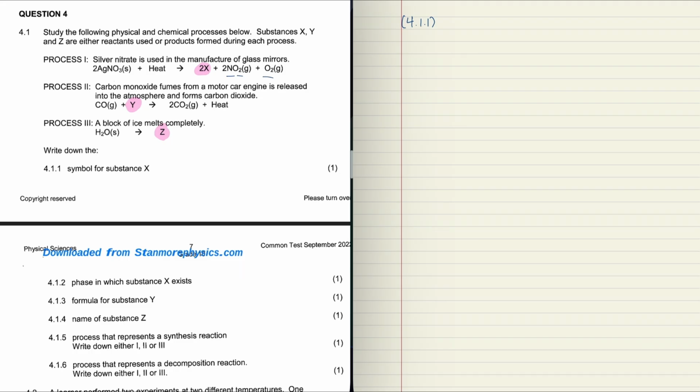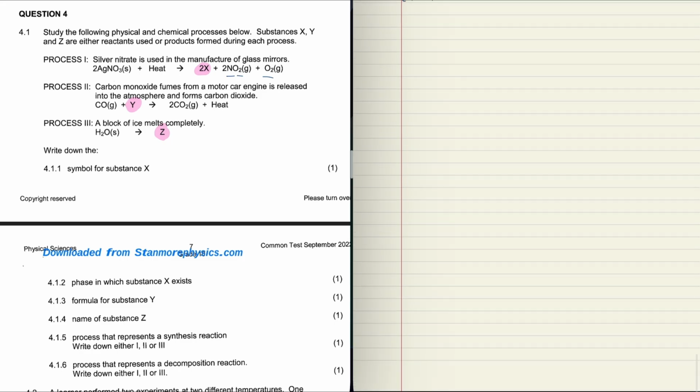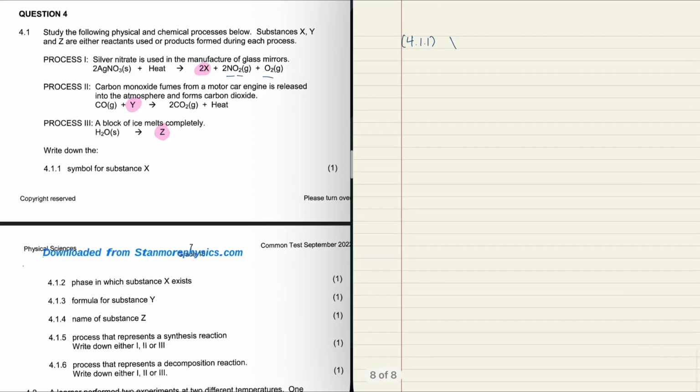So what's the one thing that hasn't moved over from the left hand side to the right hand side? Well, that's going to be Ag. So X must be Ag. Okay, so X is going to be Ag.